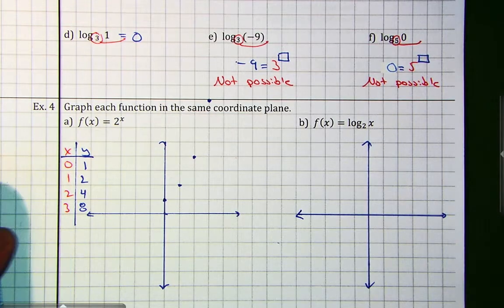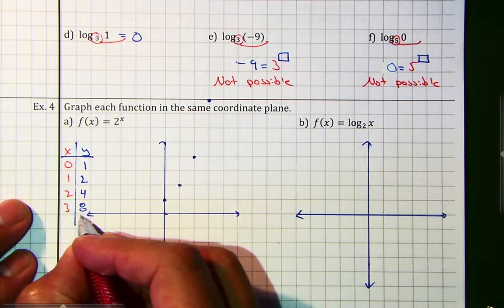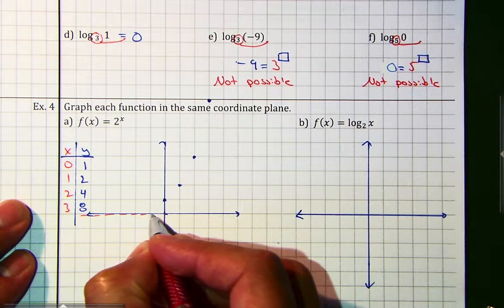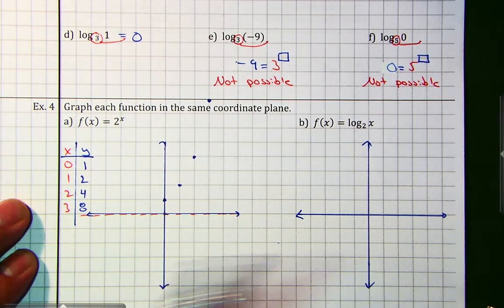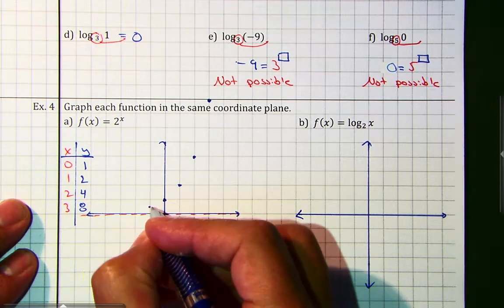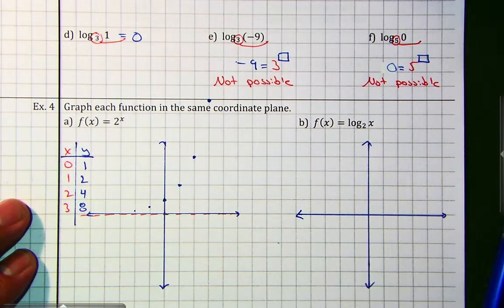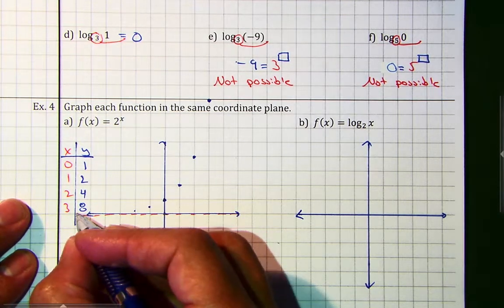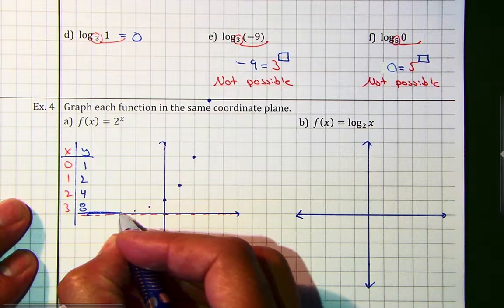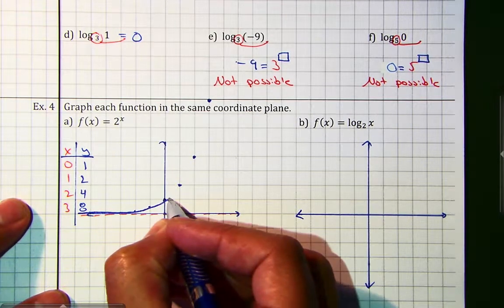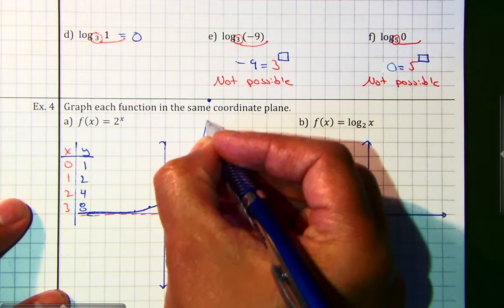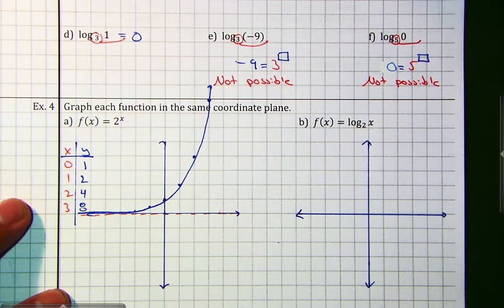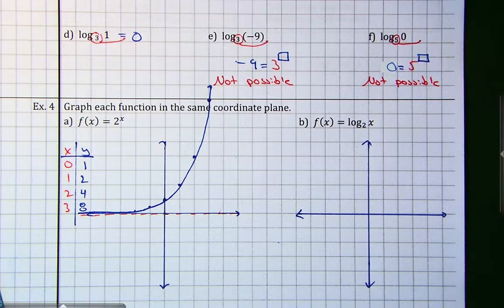And now we also know that we have a y-intercept, and we can plug in a negative 1, gives us negative 1/2. Plug in a negative 2, gives you negative 1/4, and so on. So therefore, we know the graph comes from here, very close to the x-axis, and then it collects all those points, and it goes up very fast as well.